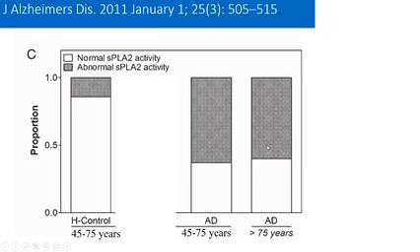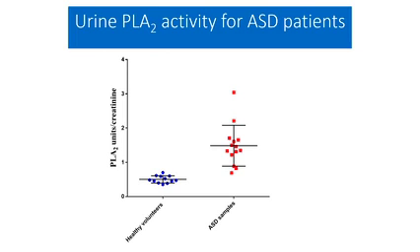Whether they're young or older, people with Alzheimer's have high amounts of phospholipase A2, and several studies have come out to indicate that the symptoms of Alzheimer's were significantly reduced following the use of CDP-choline.